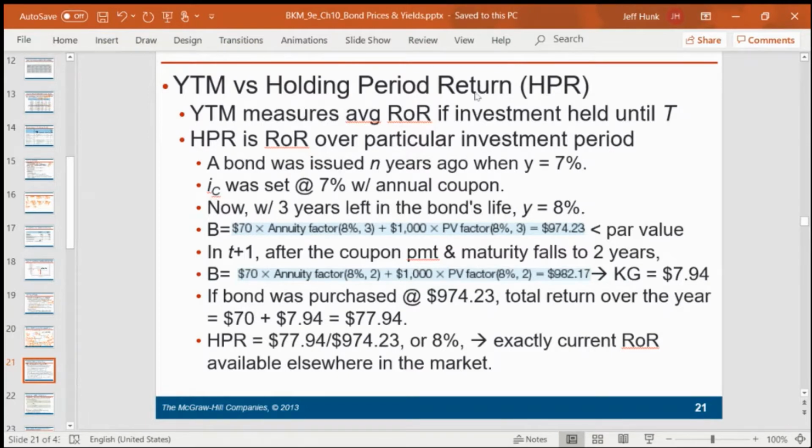But again, there's no guarantee that your reinvestment rate would be the same as the original coupon interest rate.